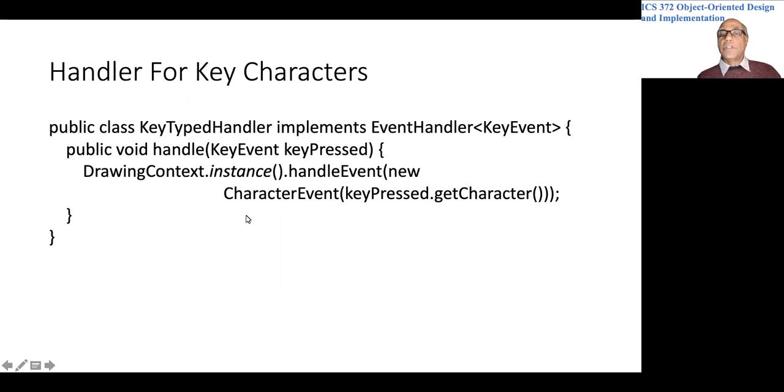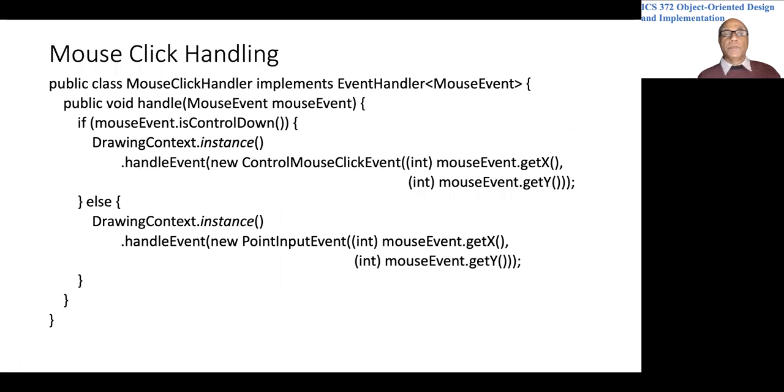So when you look at the event object, we can retrieve the character that was typed. Here we handle mouse clicks. We are not using this click when the control is down at this point, at least in this version.